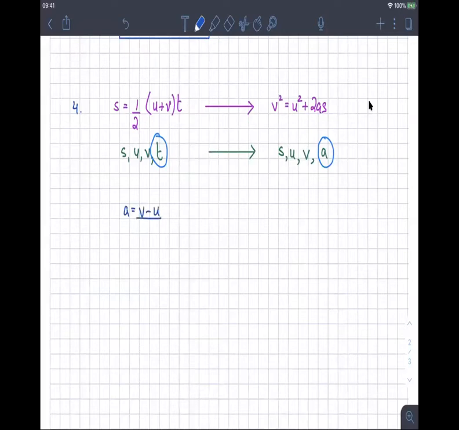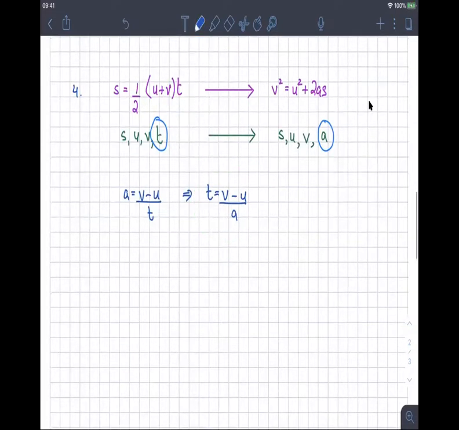a is equal to v minus u over t. If you make t the subject of the equation here, you get v minus u over a. And all you need to do is take this expression and plug it into the t here. So let's go ahead and do that. s would then become 1 over 2 times u plus v multiplied by v minus u over a.